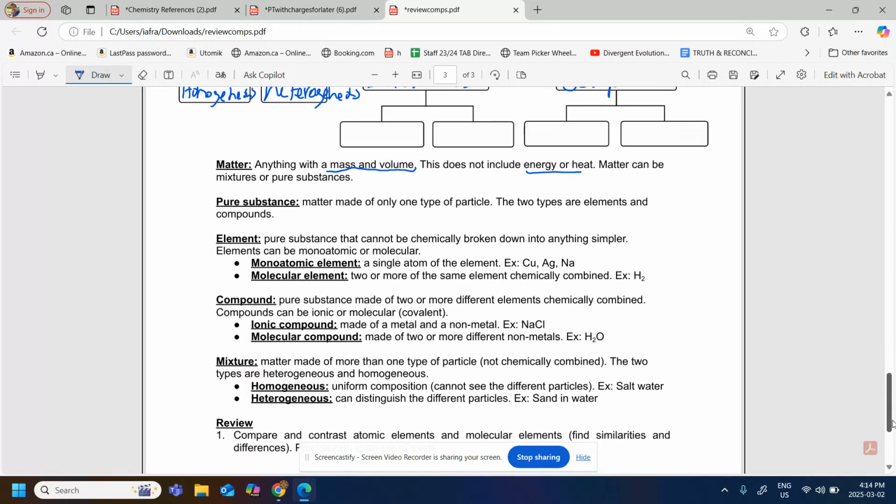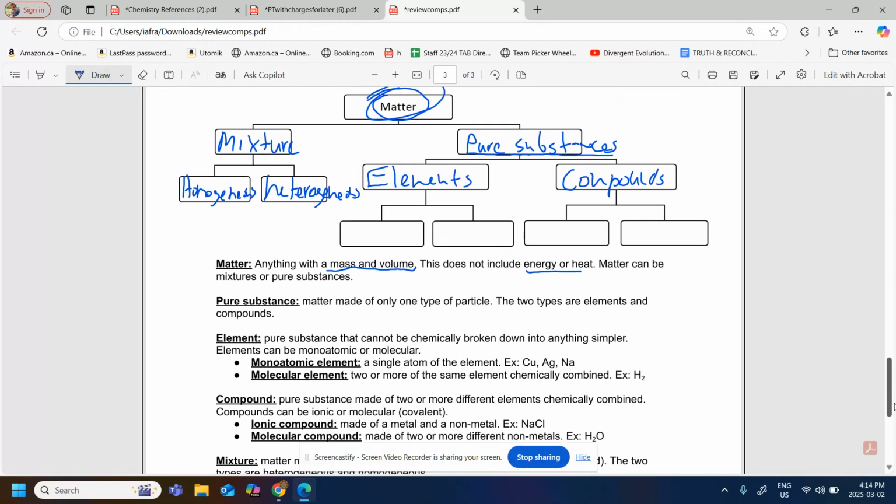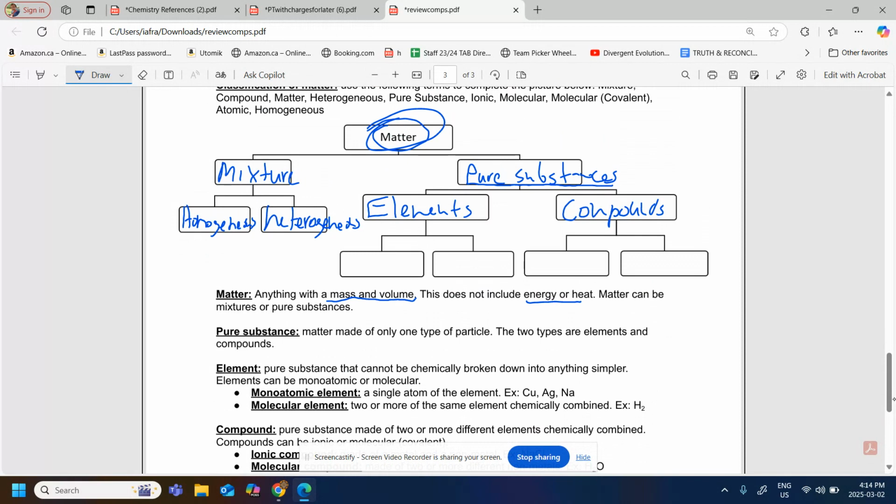And if you look at the elements, elements could be monoatomic elements, meaning they're just one atom of that element. So for example, Cu is one atom of copper, but they could also be molecular, meaning more than one of that atom. So for example, H2 is a molecular element.